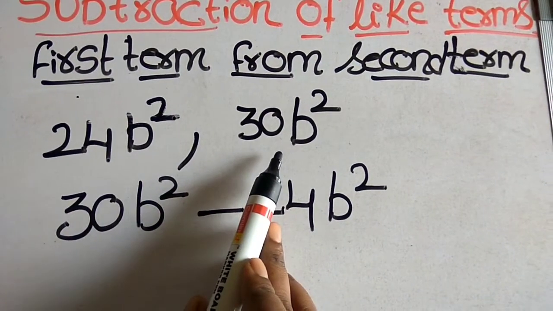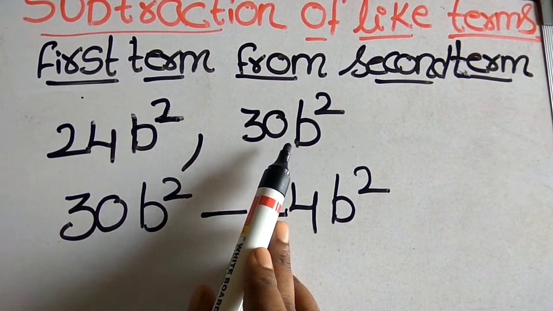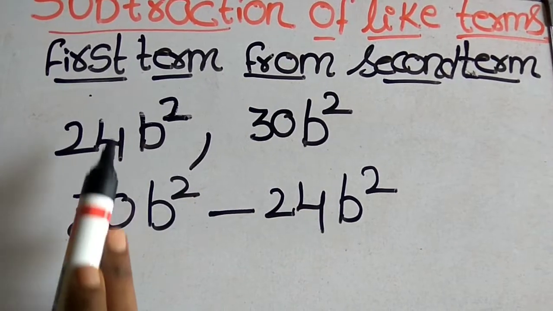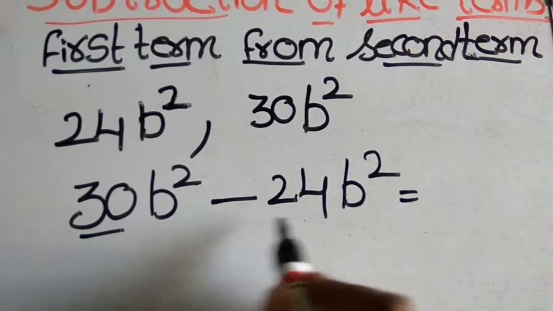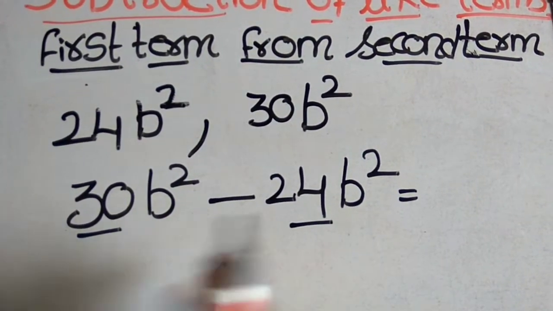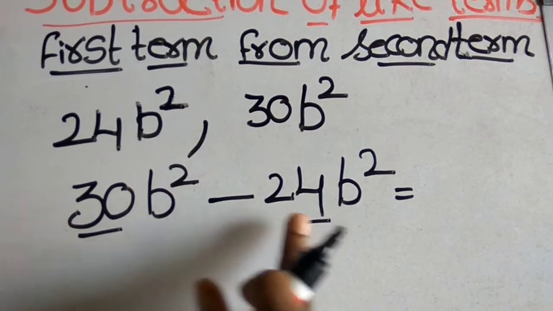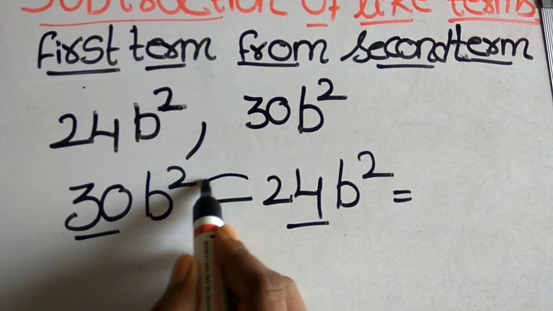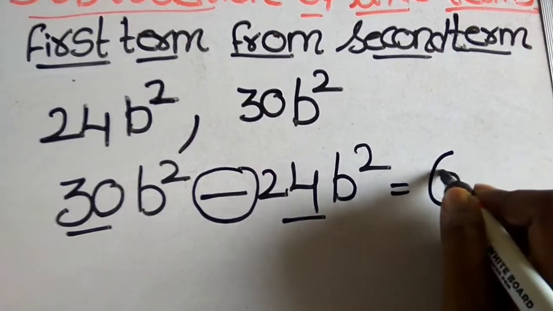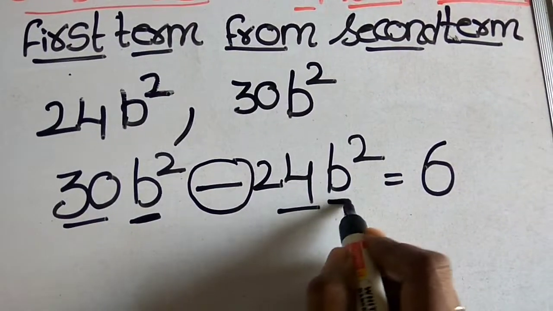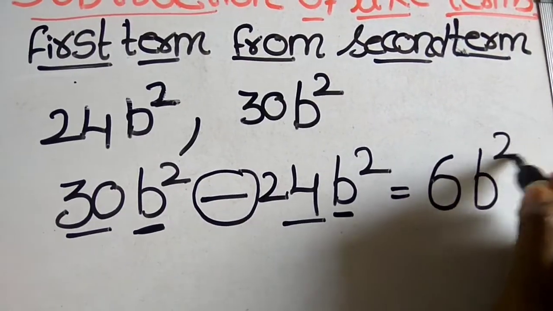Whenever you are adding or subtracting, check the numbers first. So 30 and 24. 30 minus 24 gives how much? 6. And don't forget the sign. Yes, 6 and get the variable, b square.